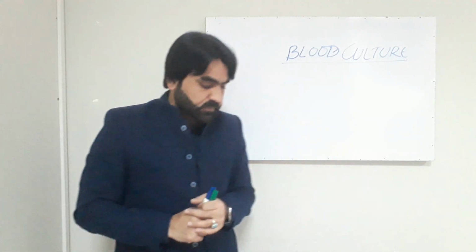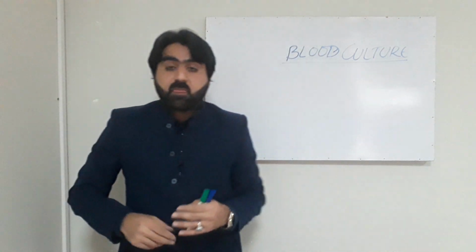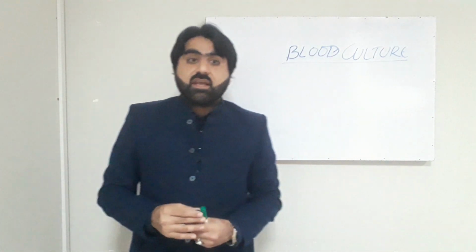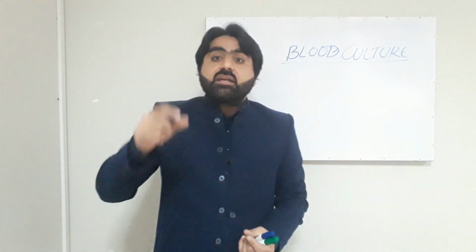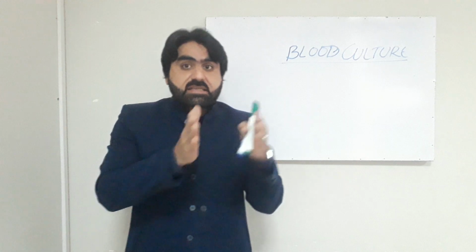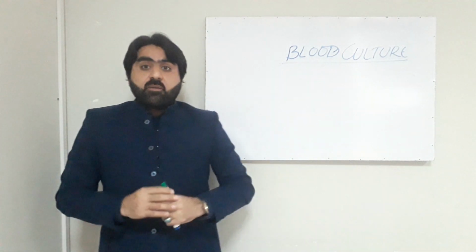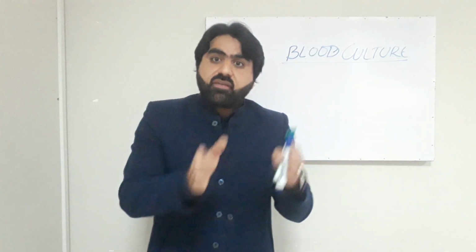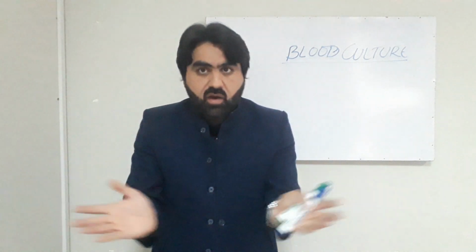The other common question which can be raised in the mind of a laboratorian is: what would be the timing of blood collection for different blood culture sets? The answer is again very simple: you can collect blood for different blood cultures within 1 hour.